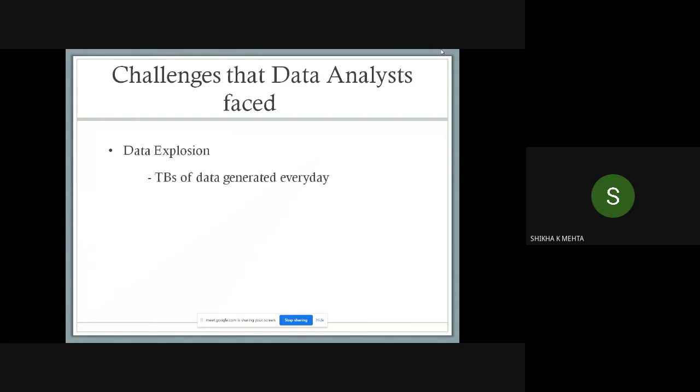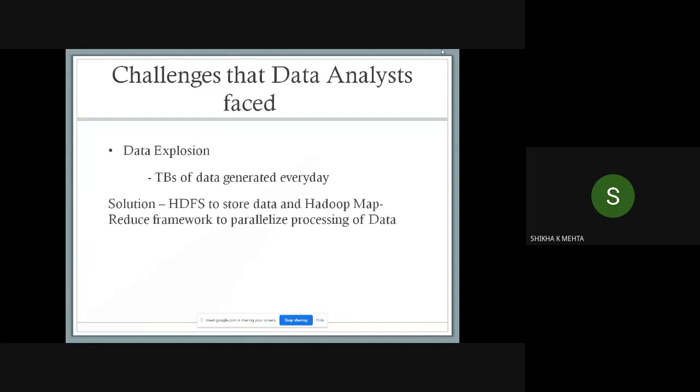The data explosion, as I have told you, terabytes of data have been generated, and Facebook was struggling to handle such kind of data. In order to solve this problem of storing this large amount of data, they first switched over to Hadoop MapReduce, a system for the storage and parallelization processing.